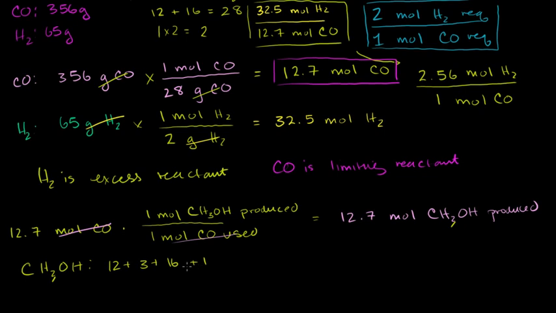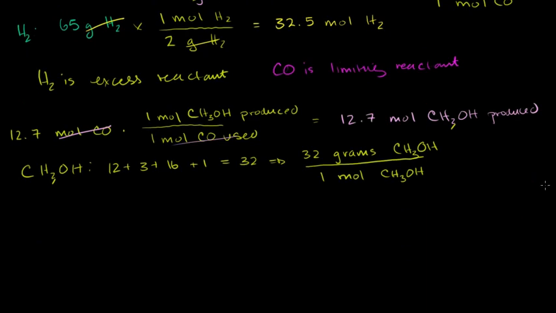So this is 32. This is its atomic weight. That tells us that if we have a mole of it, we're going to have 32 grams of methanol per 1 mole of methanol. And once again, we got that by figuring out its atomic weight.